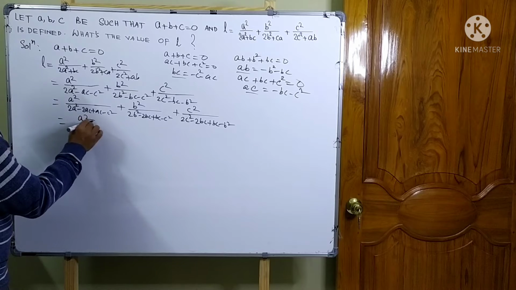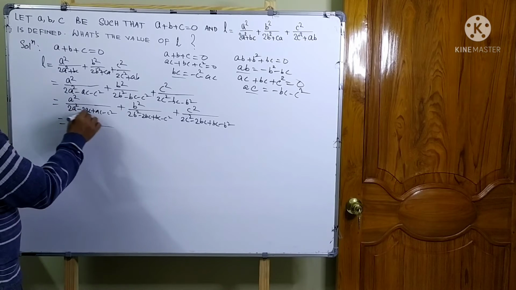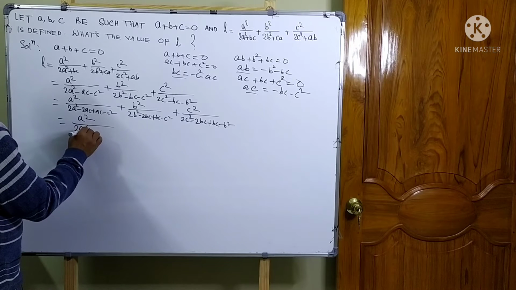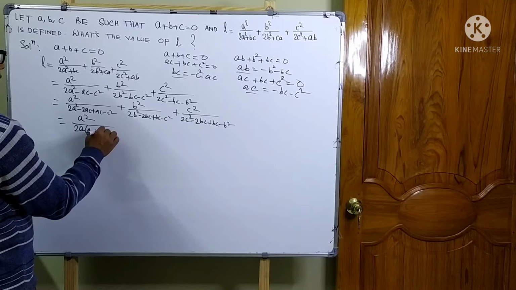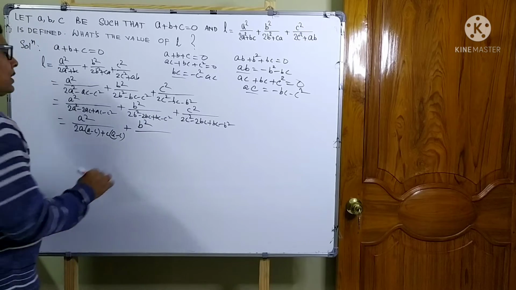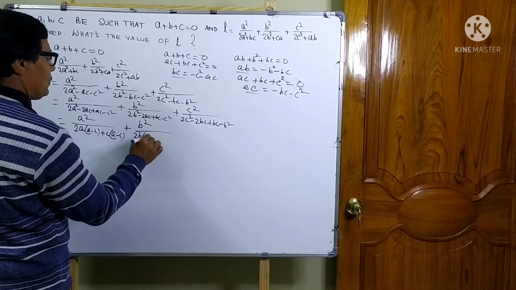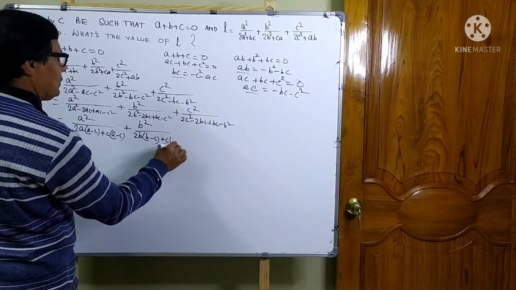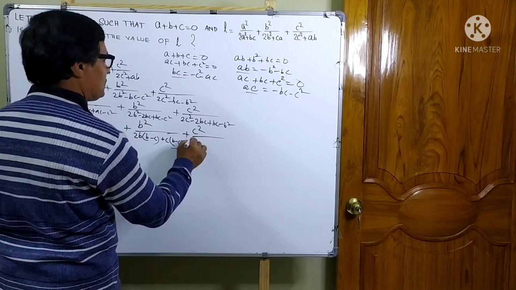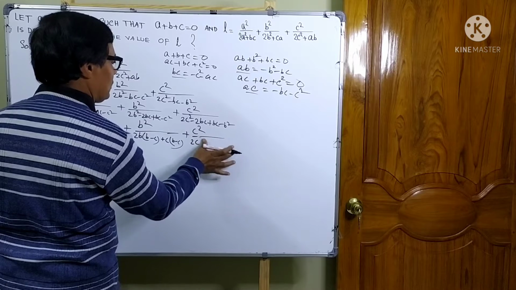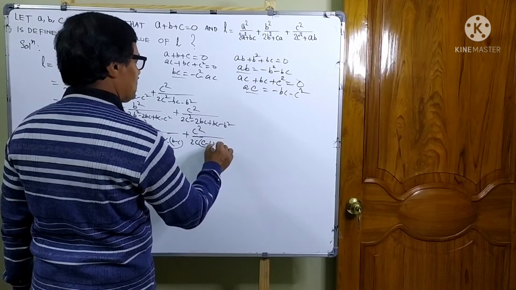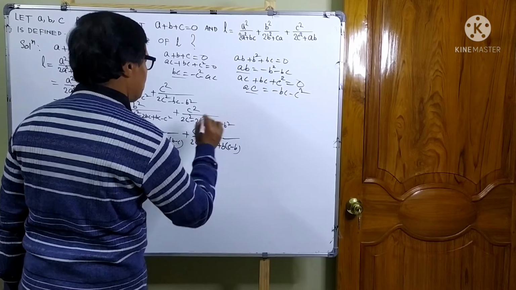So towards our factorization, we can write 2a(a minus c) plus c(a minus c), 2b(b minus c) plus c(b minus c), and 2c(c minus b) plus b(c minus b).